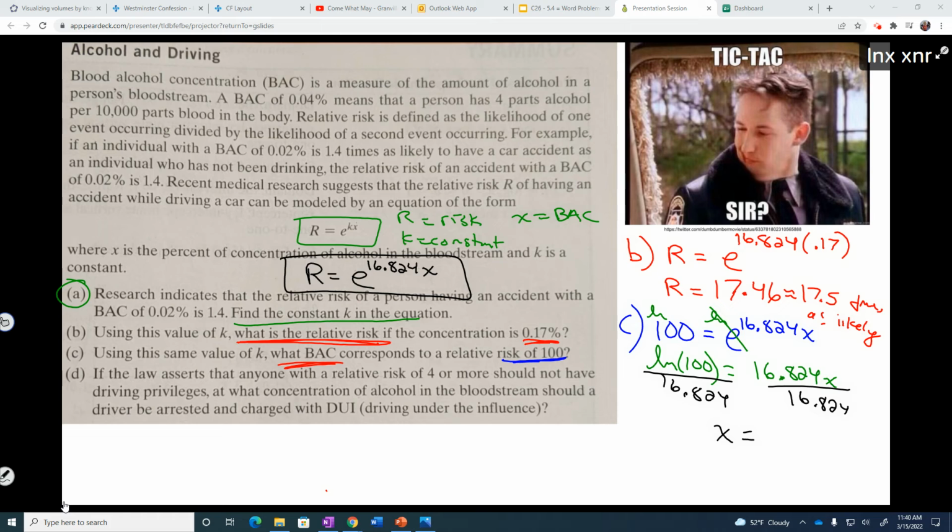So we'll just type all that in. Make sure you close your parenthesis after you type in 100. And you get about 0.27. So if you got 0.27, then you're 100 times as likely to have an accident.